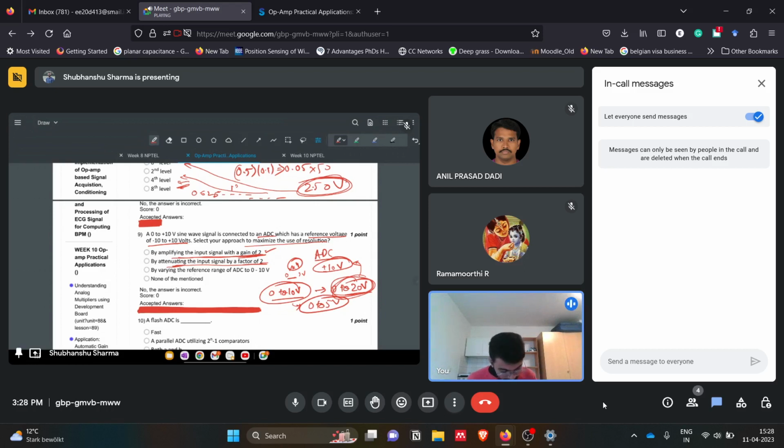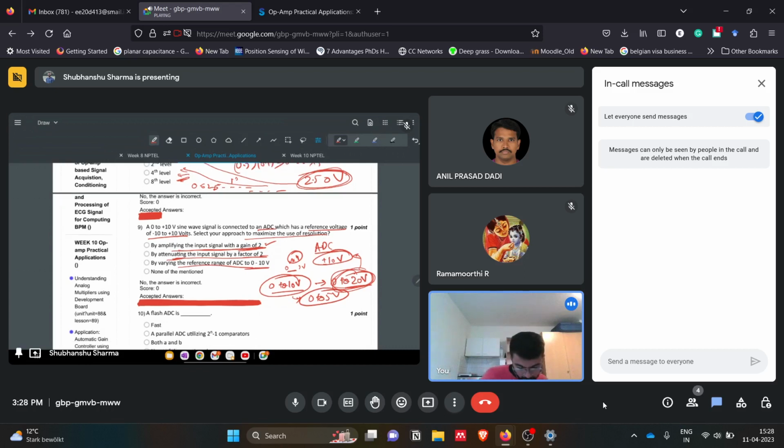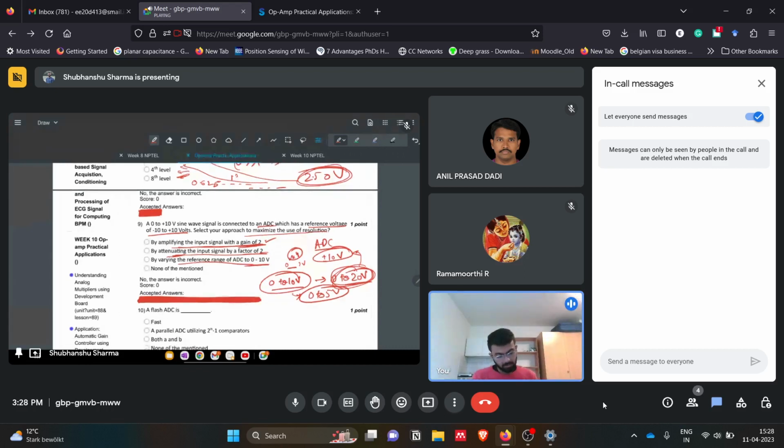Then we are left with varying the reference voltage of the ADC to 0 to 10 volts. If we can change the reference voltage of the ADC, then if it is between 0 to 10 volts, signals can be read easily.